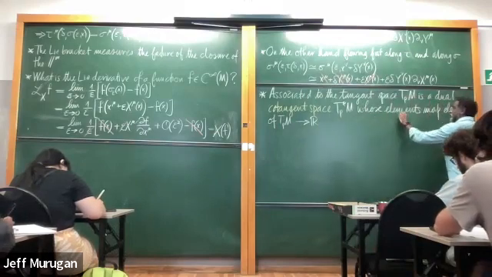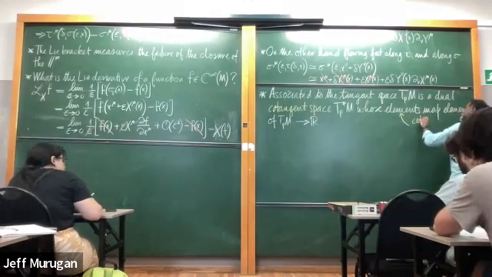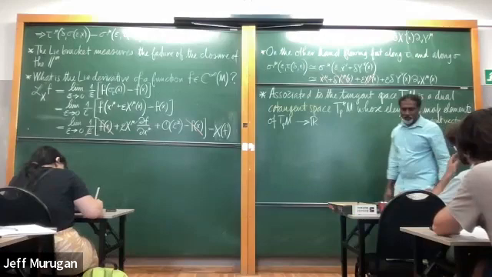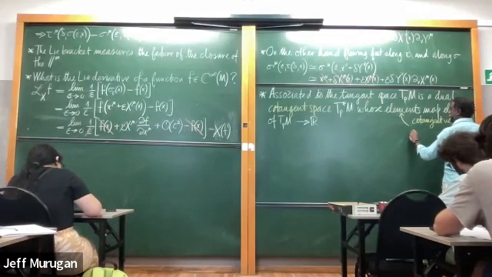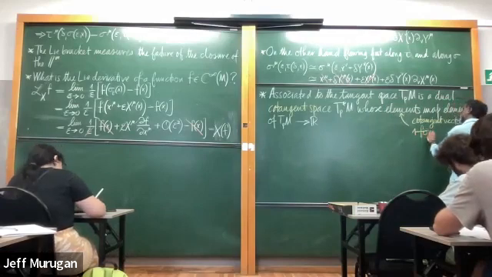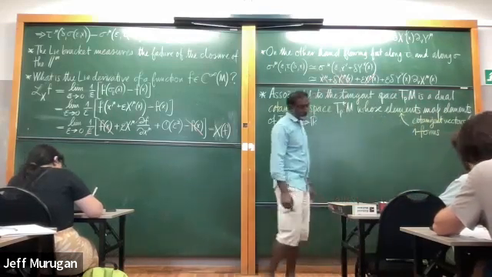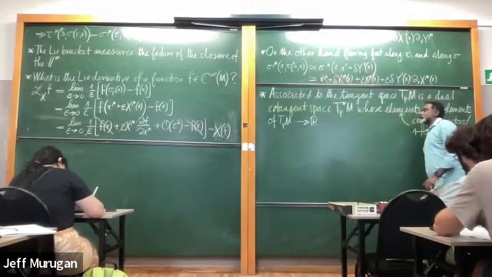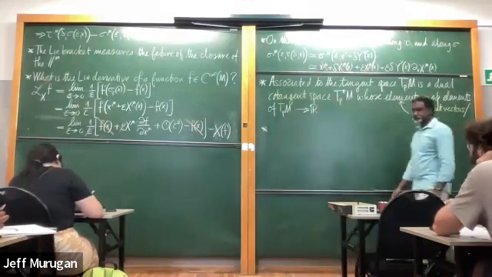These elements of the cotangent space are called cotangent vectors, or in the current context, one forms. And in fact, again, you've already encountered the notion of one forms.